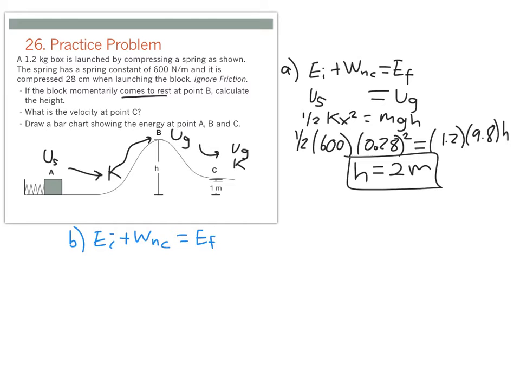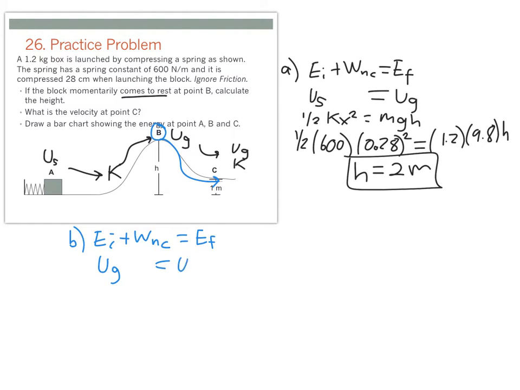For the second question, I want to know the velocity at point C. So once again, I'm going to think about my conservation of energy equation, E initial plus work equals E final. And for this one, I'm going to just think about going from point B to point C. There are a few different ways of doing this, and I'll actually show you a different way in a second. But if I'm thinking about going from point B, I'm starting with gravitational potential energy at point B. There's no work being done.